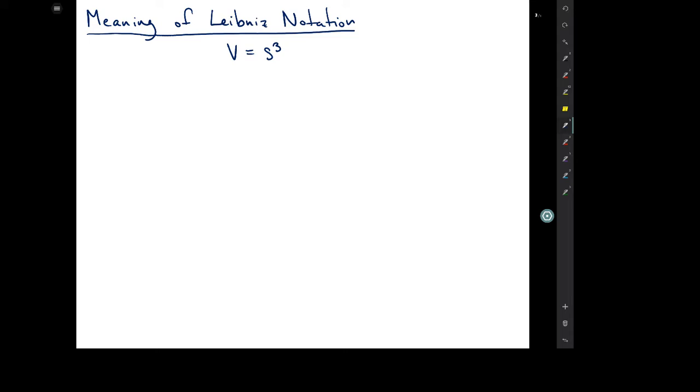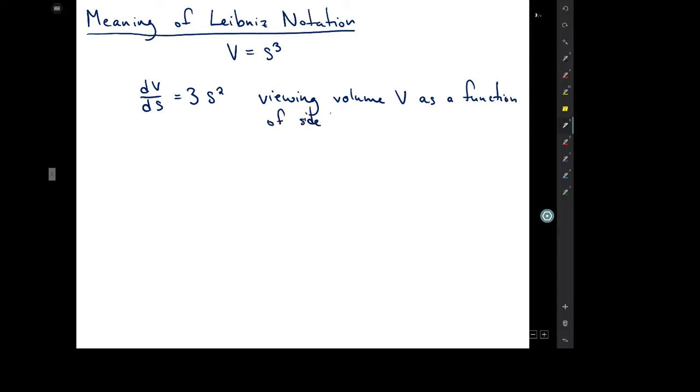And in that respect, we could calculate the derivative of v, and that would just be 3s squared. So this is viewing the volume v as a function of side length s. And we could do this, and we would use the notation dv/ds.